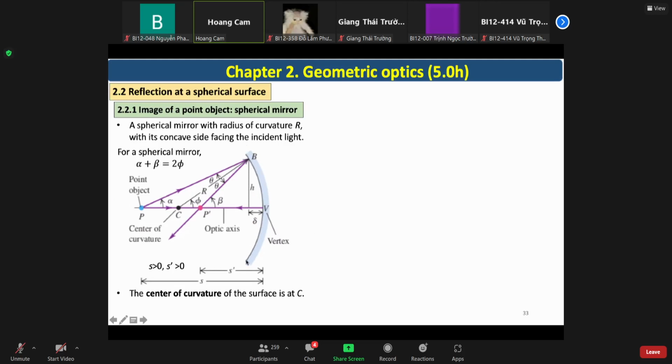In order to describe any spherical mirror, there are some special points, some basic points. First is C, because it is the spherical one and here you have the curvature. So C is the center of curvature. That's why they draw C here, and you see here the radius. So you see the center of curvature, C.